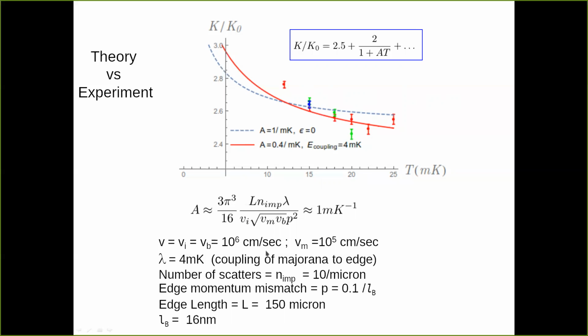You have to put in things like what the edge velocities are, what the coupling to the Majorana is, how many scatterers you have per unit length, and what the momentum mismatch along the edge is. But these parameters are not completely unreasonable. They're not crazy, and you get something that's not too different from the experiment. So it seems plausible that something like this could explain the experiment.